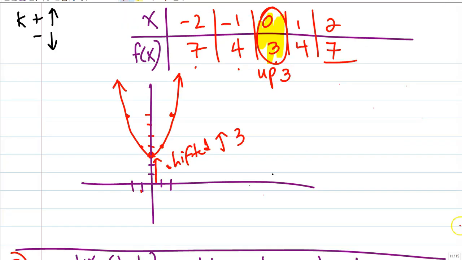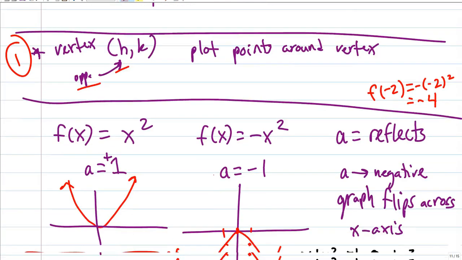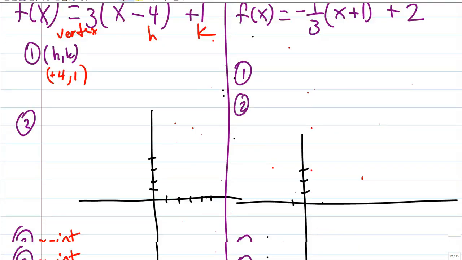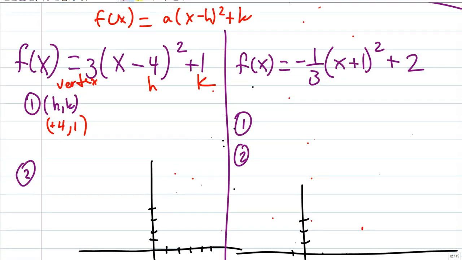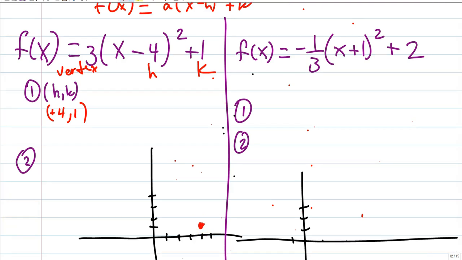I know that this graph is shifted 4 to the right and up 1. That's what that tells us. That is the center of the graph. I also know that the A is a 3.